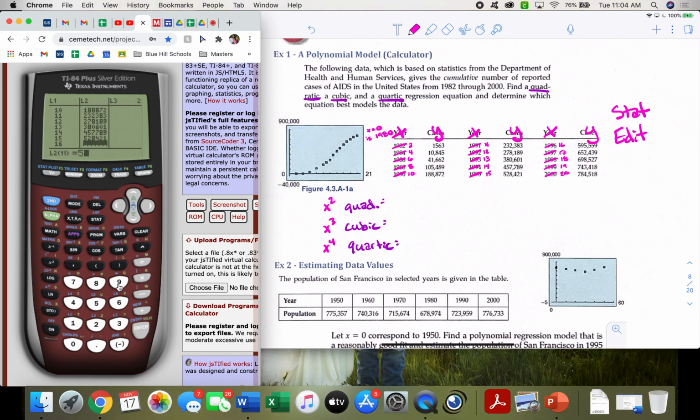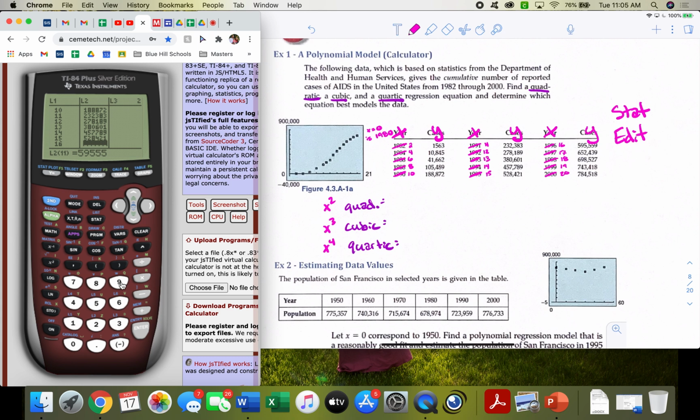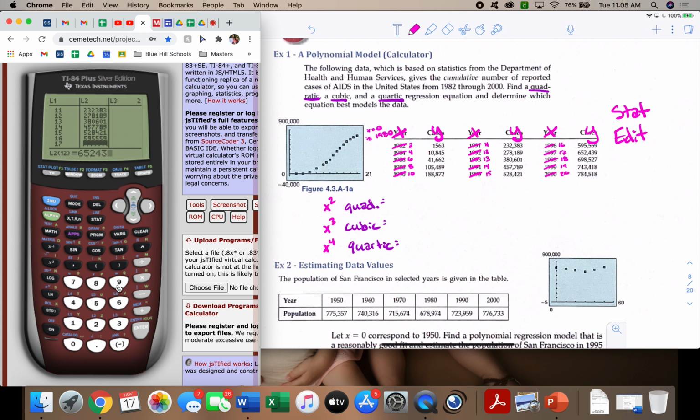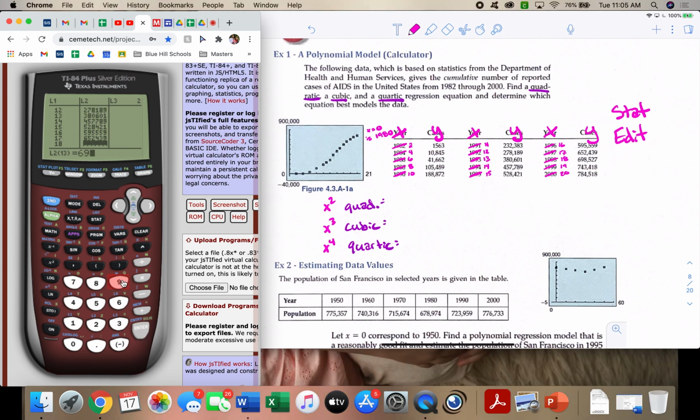5, 9, 5. Is that 559? Enter. 6, 5, 2, 4, 3, 9. Enter. 6, 9, 8, 5, 2, 7.